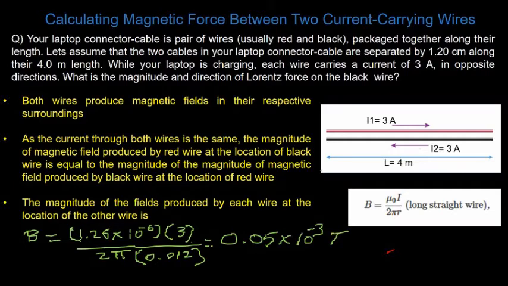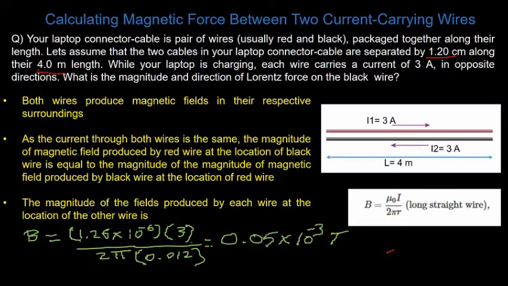This is an important number that we're going to use because it will be helpful in finding the magnetic field. The wires have a 4-meter length. This length is useful in calculating the Lorentz force.